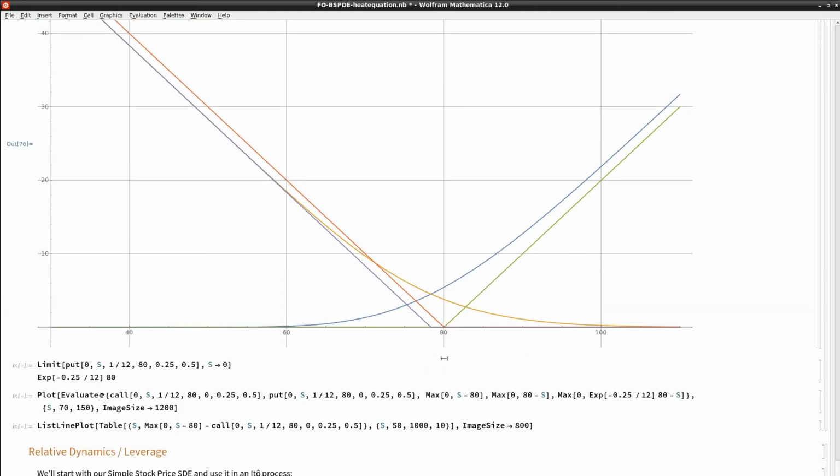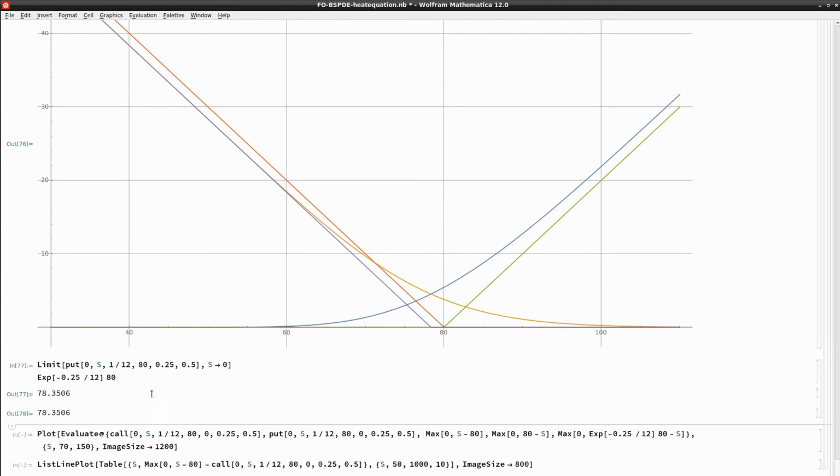The European put price, as S goes towards 0, and again, that's extreme, right? If a company has a stock price value of 0, there are no assets, we don't have a company. But we see that they have the same value. So as the stock price goes to 0, the put price, the European put price, is actually not the strike.